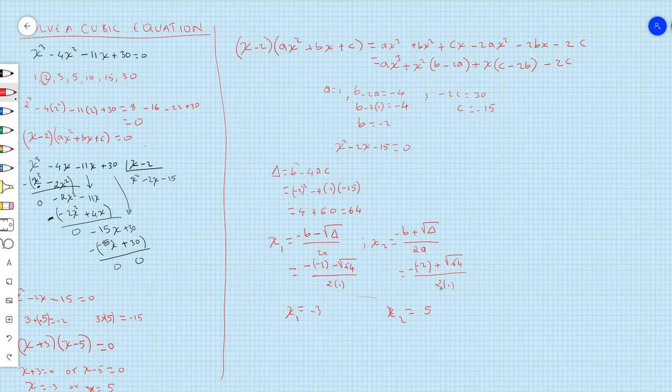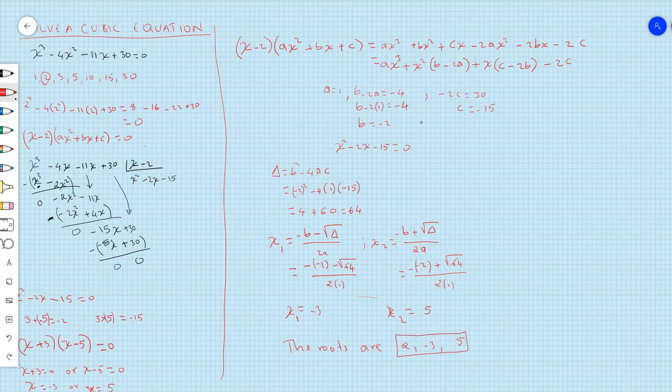Since we already found out that the first root was 2, you can write the zeros, the roots, are 2, -3, and 5. Right. There you go. It's that easy.